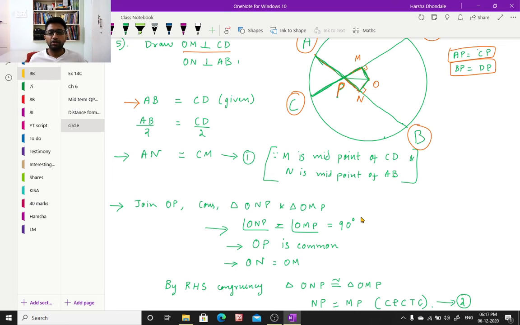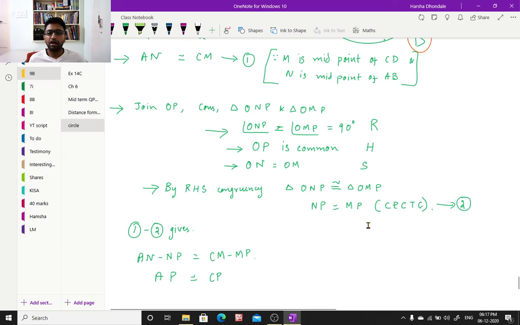Now we have shown one right angle, the hypotenuse of both the triangles is the same, and one side we have compared, so by RHS congruency, I claim that triangle ONP is congruent to triangle OMP. So therefore NP is equal to MP. How?